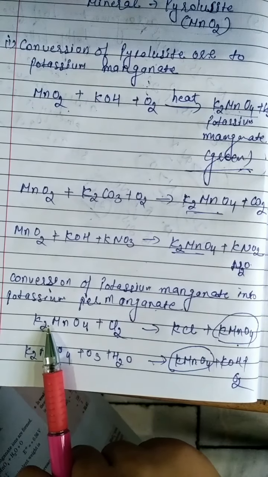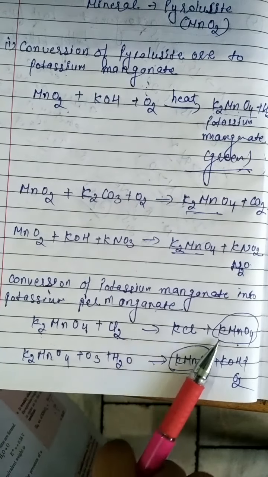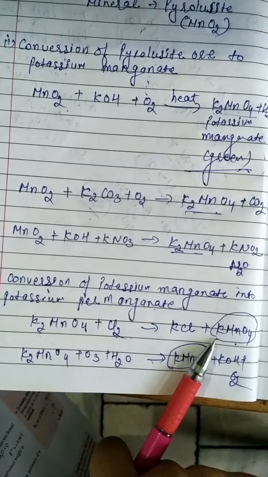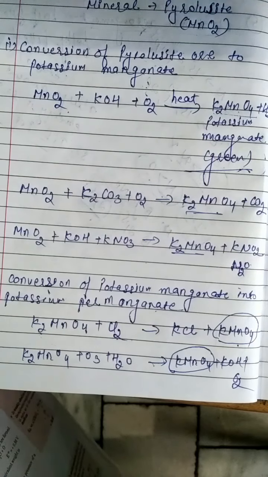Second, the potassium manganate is reacted with chlorine, and it forms potassium chloride and KMnO4. In this way we prepare potassium permanganate. Next is the electrolytic method.